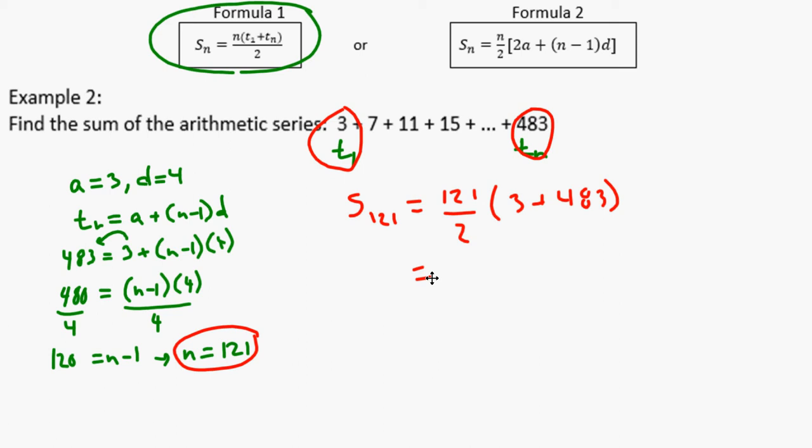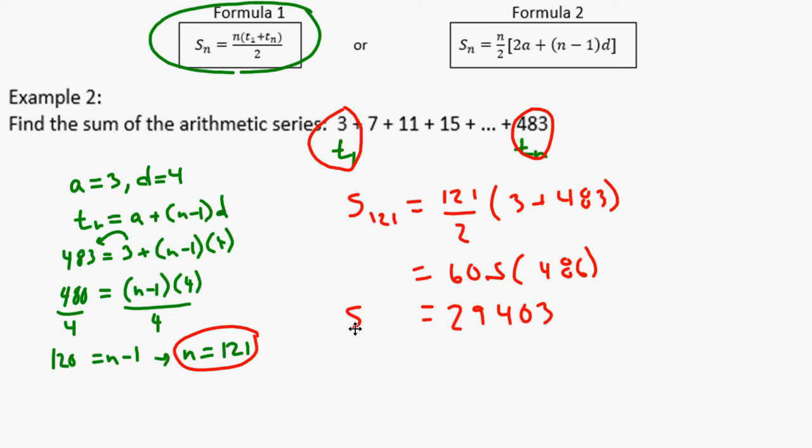This is going to give me 60.5 times 486. And when I put that in my calculator, I get, sorry for the terrible writing, thrilling video right here, Mr. Wills, thank you. 60.5 times 486 equals 289,403.